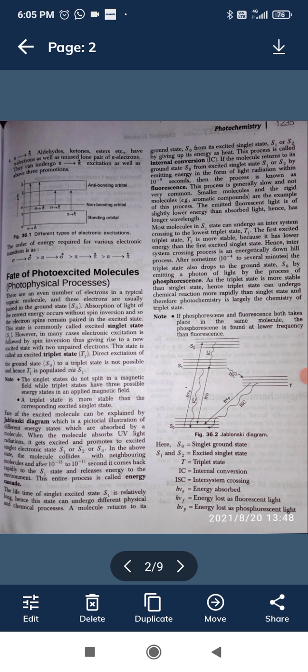S0 is the singlet ground state, S1 and S2 are excited singlet states, T is the triplet state, IC is internal conversion, ISC is intersystem crossing. hν A means energy is absorbed, hν being an amount of energy, that is, a photon of light, is absorbed. hν F is energy lost as fluorescent light, hν P is energy lost as phosphorescent light.